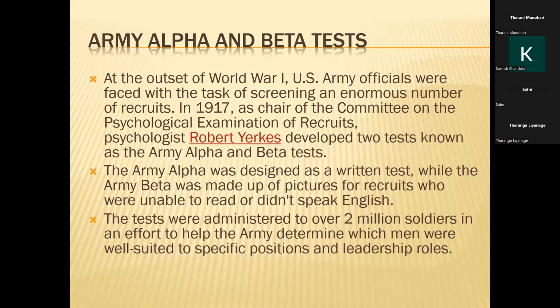In 1917, as chair of the Committee on the Psychological Examination of Recruits, psychologist Robert Yerkes developed two tests known as the Army Alpha and Army Beta. The Army Alpha was designed as a written test, while the Army Beta was made up of pictures for recruits who were unable to read or didn't speak English.